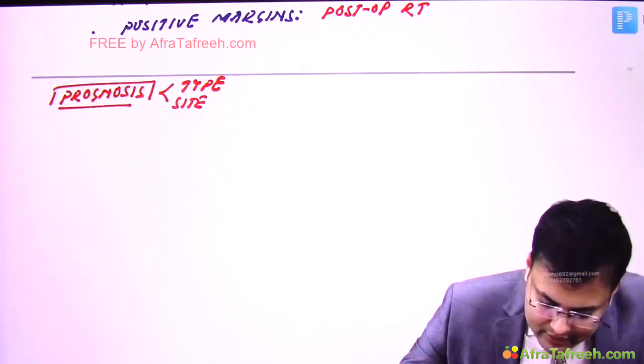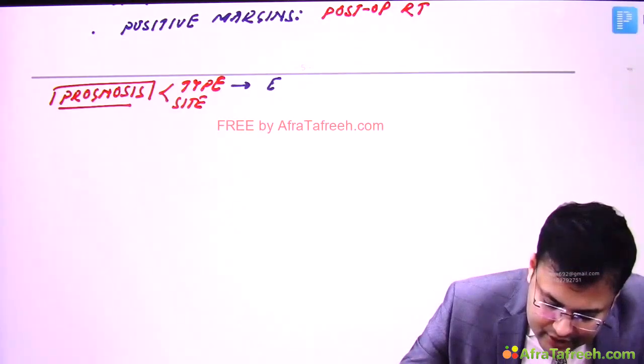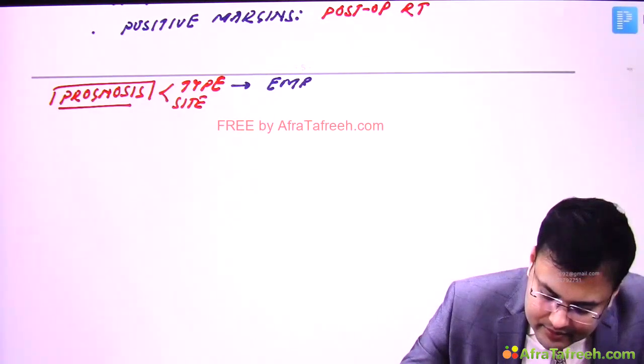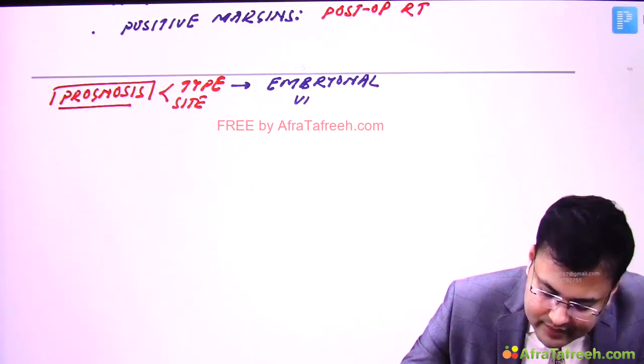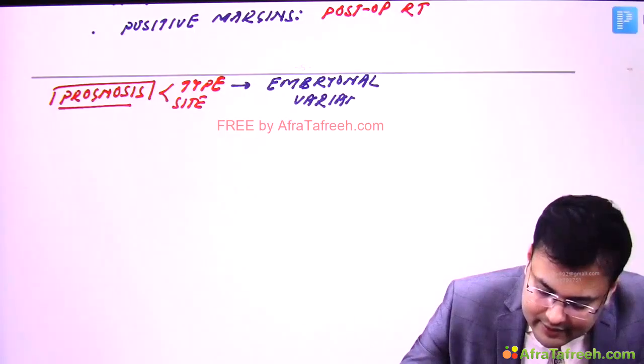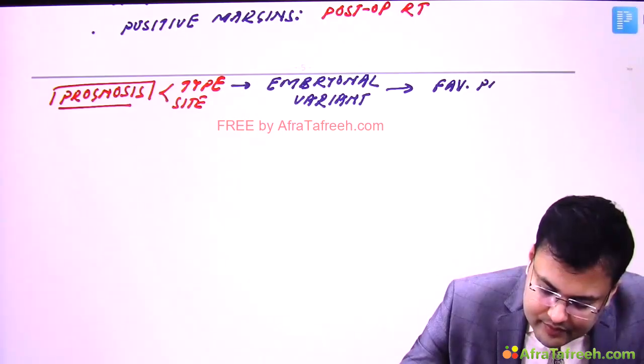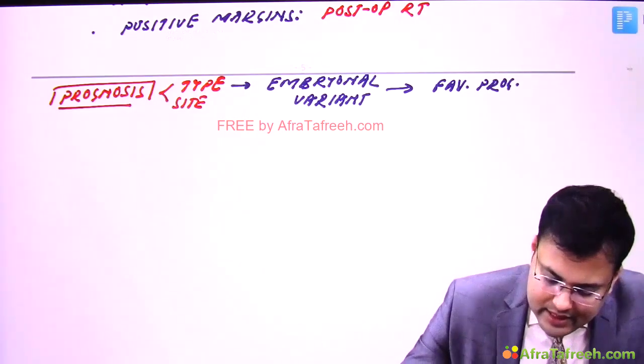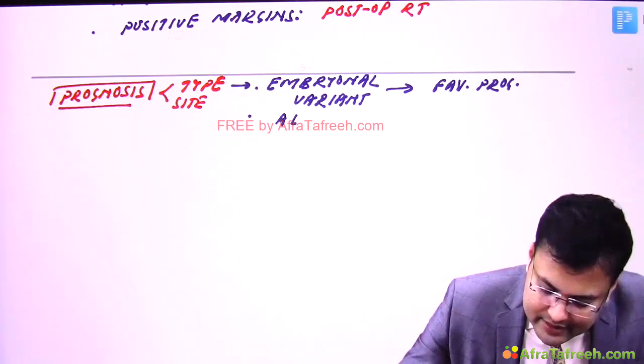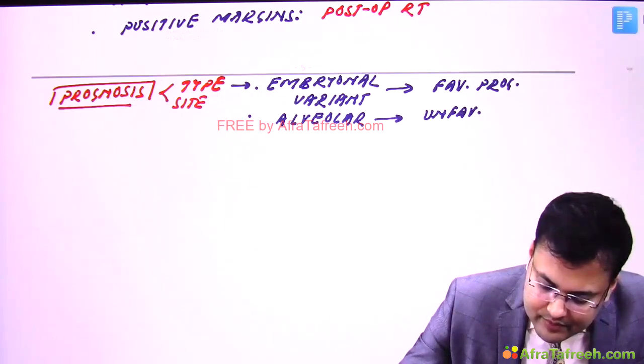Clear? So the embryonal variant has a favorable prognosis. Clear? And the alveolar variant has an unfavorable prognosis.